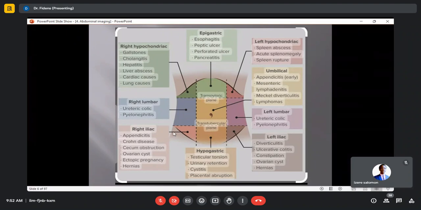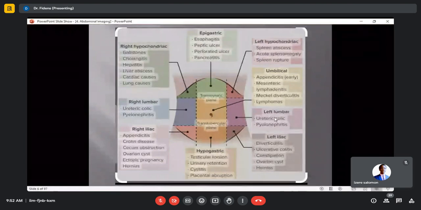In the case of the right lumbar or right flank region, you can think of urinary colic and pyelonephritis. The same goes for the left lumbar or left flank region: renal colic, the ureter, and pyelonephritis. Those are the most probable differential diagnoses.